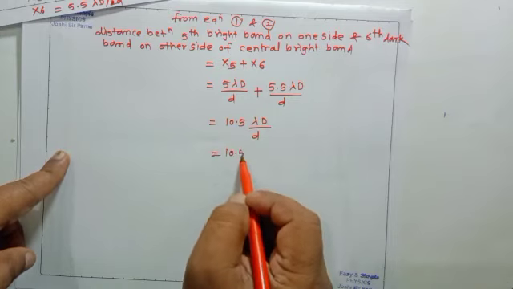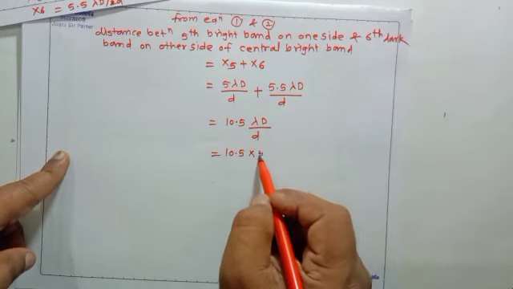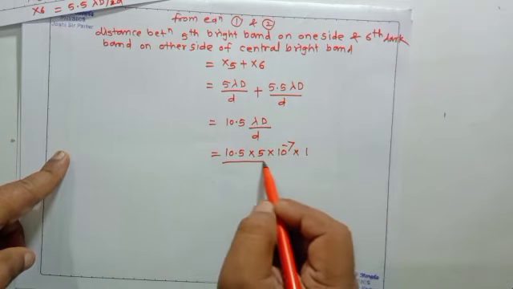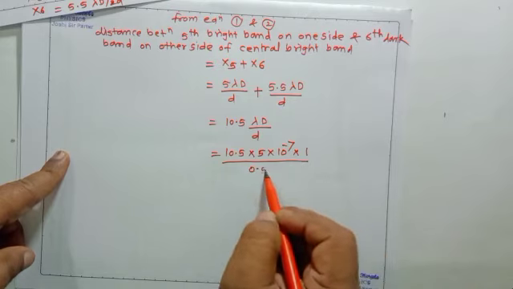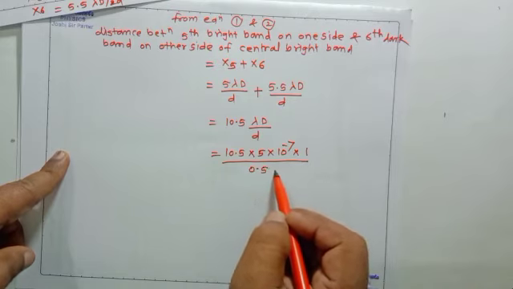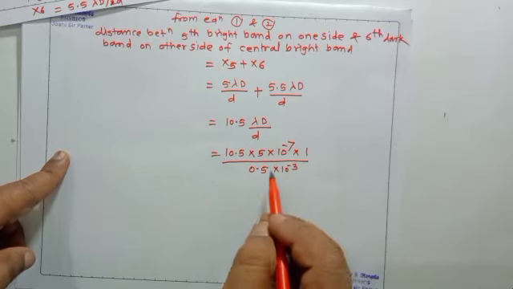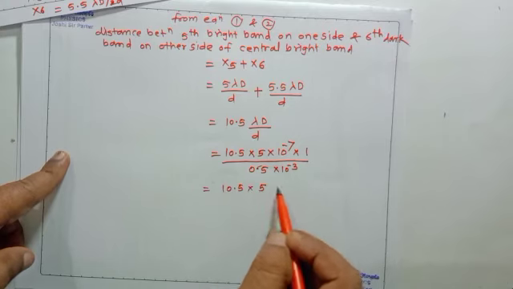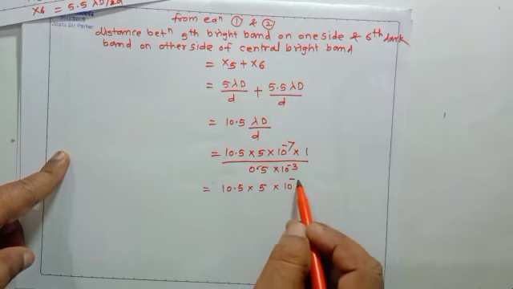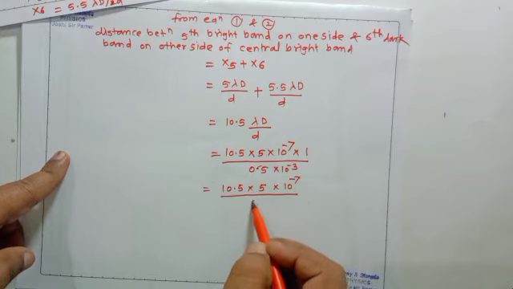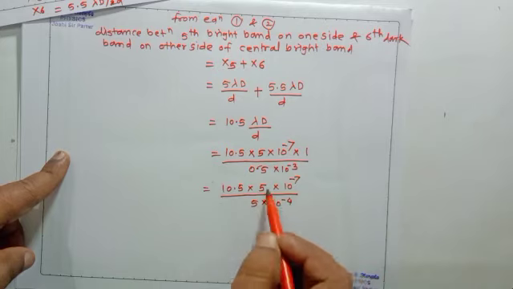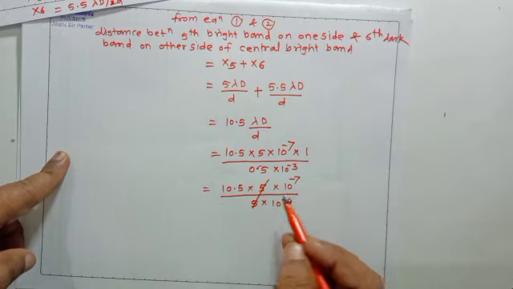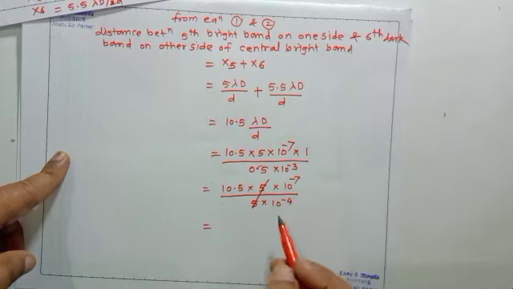It will be 10.5 into 5 into 10 to the power minus 7 multiplied by 1 divided by 0.5 into 10 to the power minus 3. If the point is shifted, it will be 10.5 multiplied by 5 multiplied by 10 raised to minus 7 divided by 5 into 10 to the power minus 4. 5 gets cancelled. 10 to the power minus 4 is in the denominator, so it becomes plus 4.